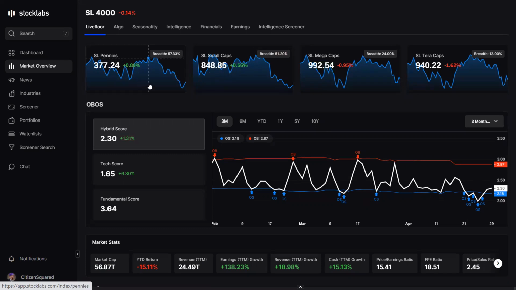So pennies is 250 stocks, small caps is 250 stocks, and mega caps might be 100 and terra caps is 50. You can think of it as the most actively traded stocks in these cap ranges. And we consider that a pretty good representation of that slice of the market.